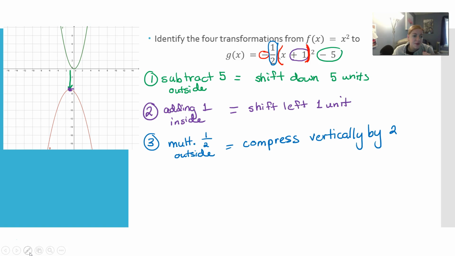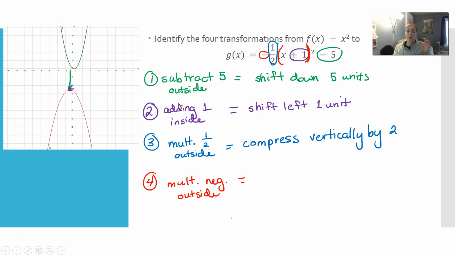One last thing, and this is probably one of my favorite transformations. The last one is we're multiplying by that negative. So we're multiplying by a negative value. Again, we're multiplying outside of those parentheses, meaning out front.